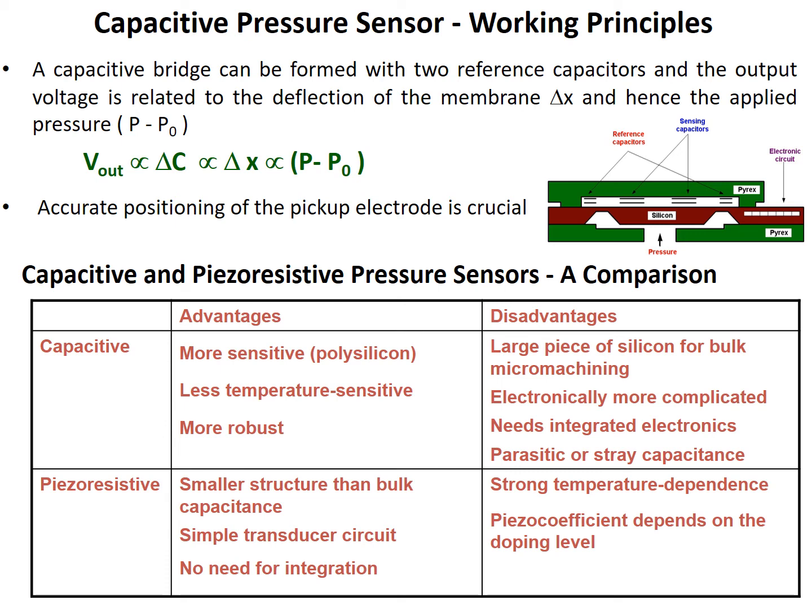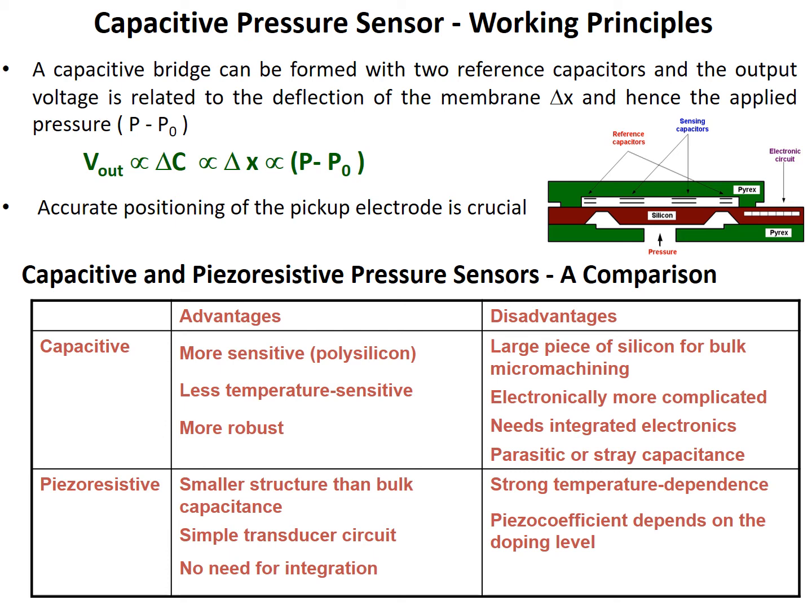And that resistance change we convert into voltage, and that voltage will be a function of the applied pressure. Whereas for the capacitive type, we have to use some electrodes on the diaphragm as well as above the diaphragm on the reference frame, and when the deflection of the diaphragm happens, the capacitance will change, which will be converted into voltage, and that voltage will be a function of the delta P, right?